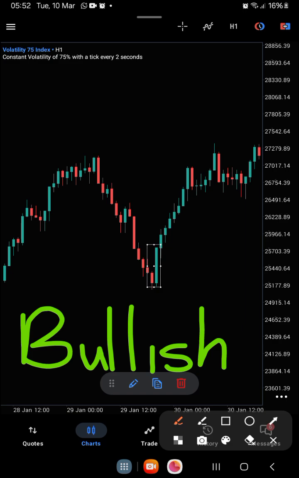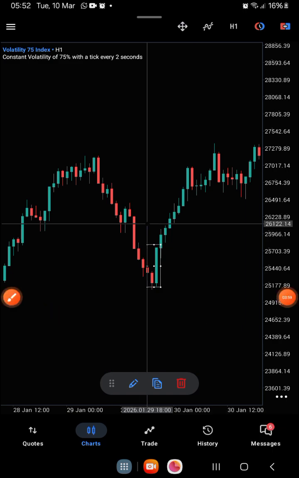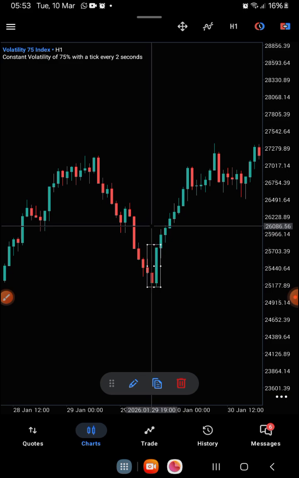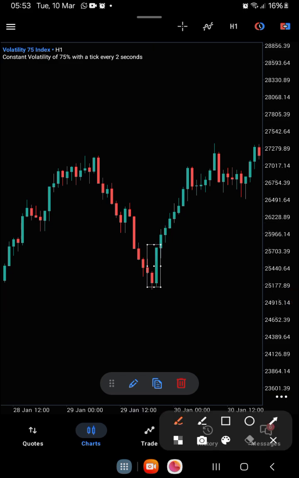Bullish because the green candle is the one that's longer than the red. Bullish because this green here is longer than this red. Okay, so the body of this green candle has totally covered this one, which is what makes it a bullish engulfing candle. And guess what this thing caused? What it showed that the market is now going to go up.